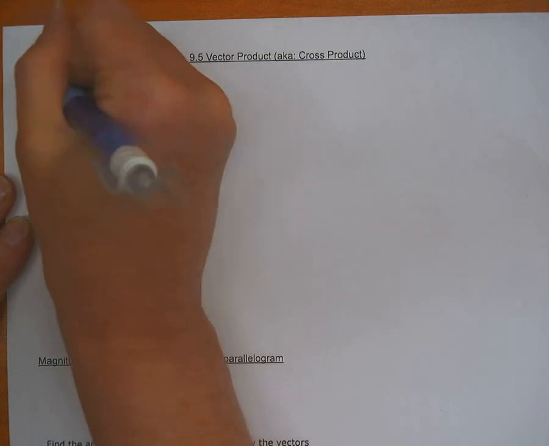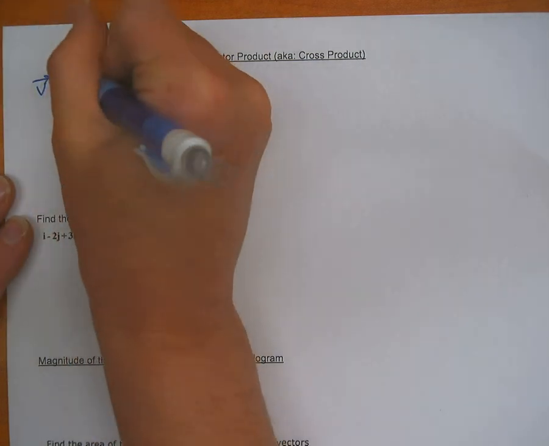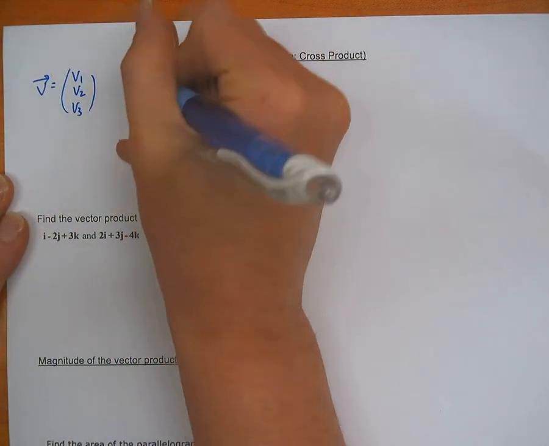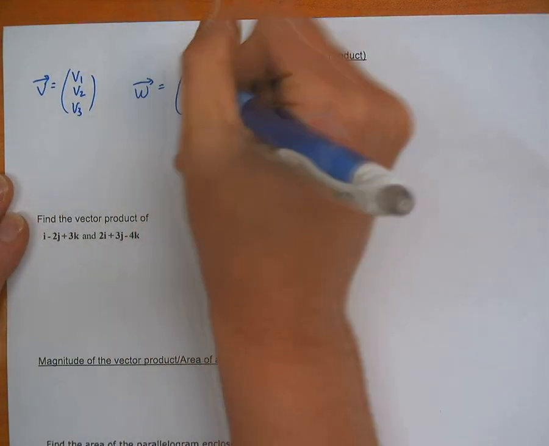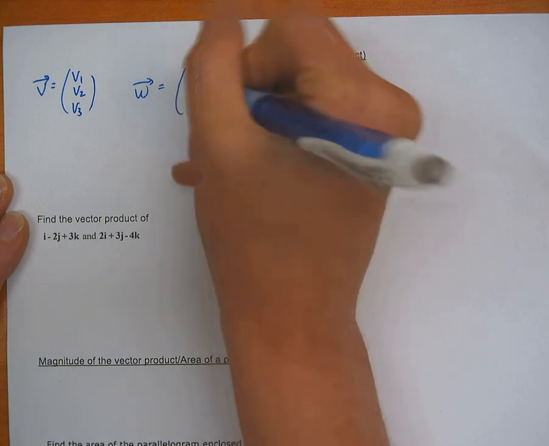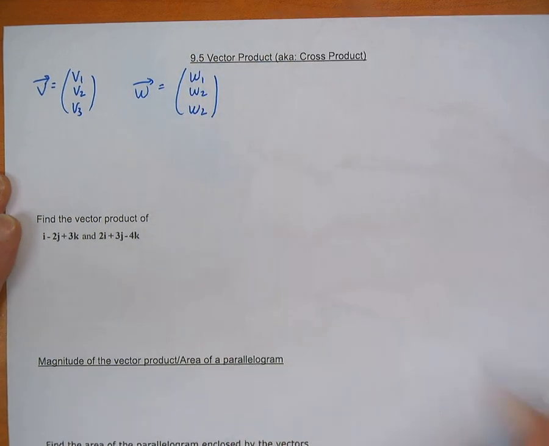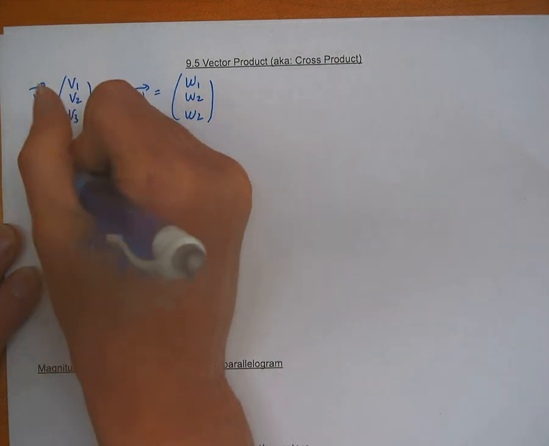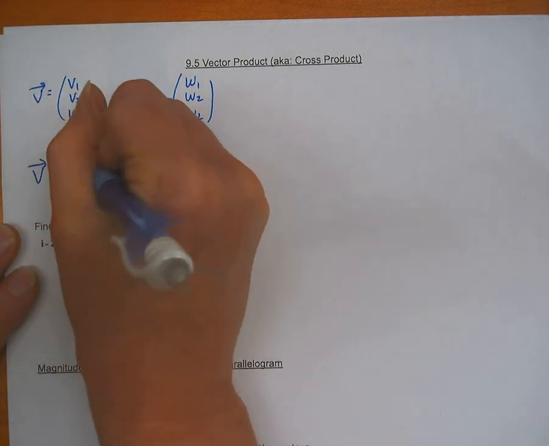So let's say we have vector v represented by v1, v2, v3, and we have vector w represented by w1, w2, w3. And we want to come up with the cross product for v and w.